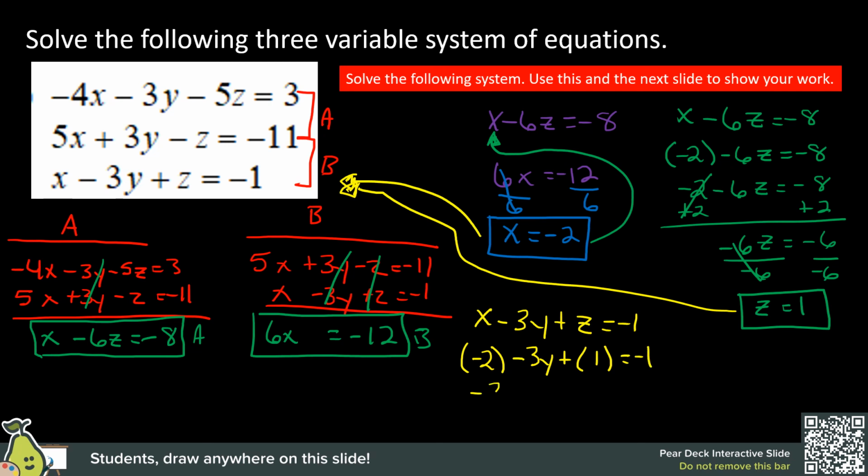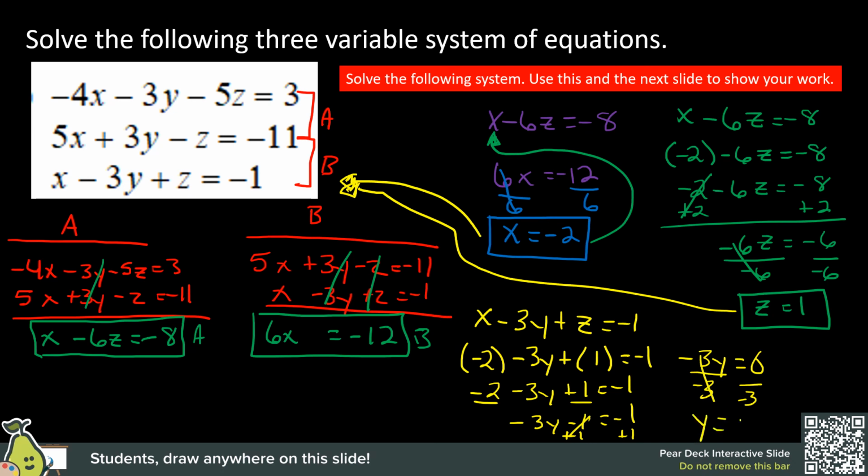So negative 2 minus 3y plus 1 equals negative 1. We can combine these terms. Negative 2 plus 1 is negative 1. So negative 3y minus 1 equals negative 1. Add 1 to both sides. So that goes away. We get negative 3y equals negative 1 plus 1, which is 0. Divide both sides by negative 3. So we get y equals 0 divided by negative 3, which is 0.